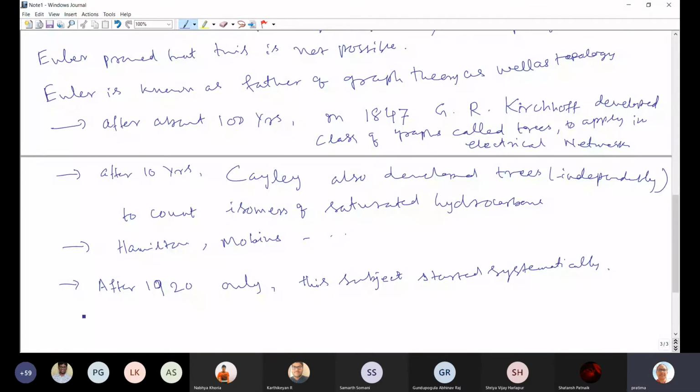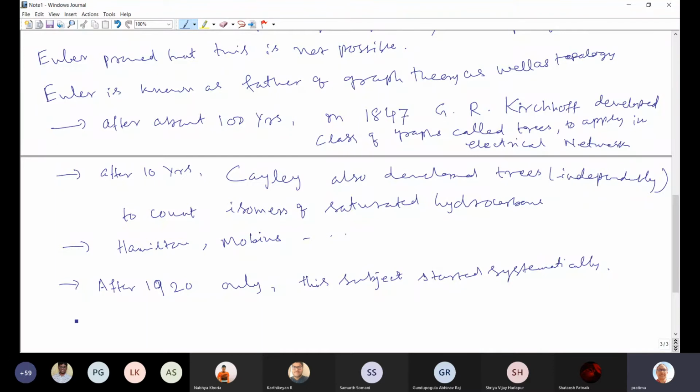And now you know that in the last 4 to 5 decades, lots of work has been done in this subject, graph theory.